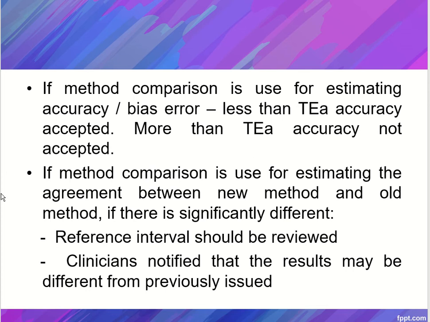If method comparison is used for estimating the agreement between the new method and old method, if there is a significant difference, meaning that the reference interval should be reviewed, meaning that the normal value for the patient needs to be reviewed, and clinicians should be notified that the result may be different from previously issued results if you still want to go on with the new method.